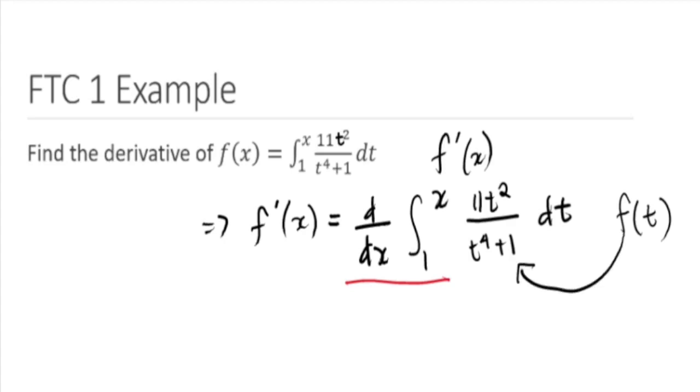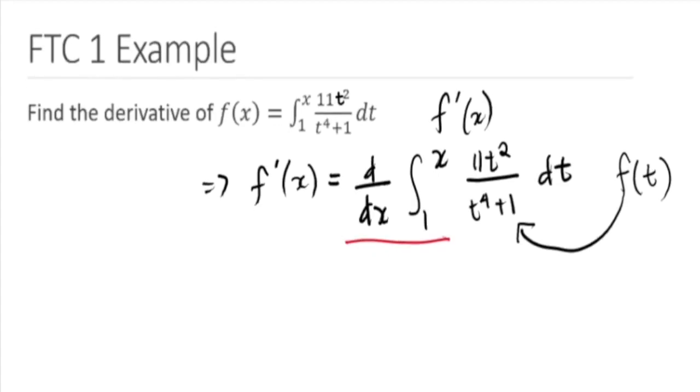But we want f of x. So, we can simply do that by changing the variable. So, we have 11x squared over x to the fourth plus 1. Okay?